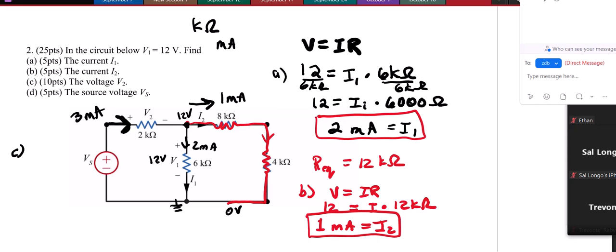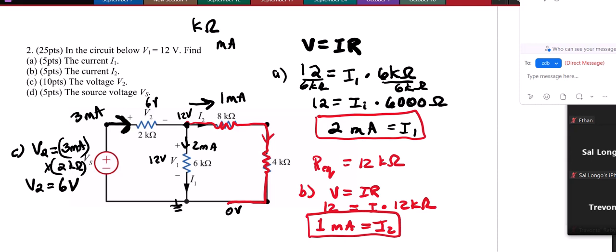Since I have 3 milliamps going across this resistor right here, V2 equals 3 milliamps times 2 kilo ohms, or V2 equals 6 volts.